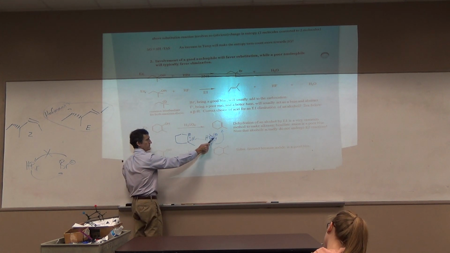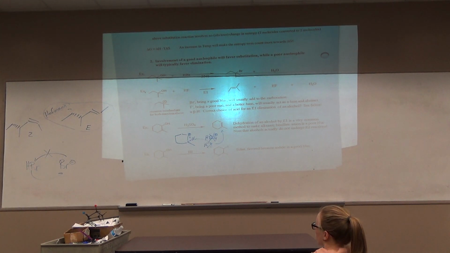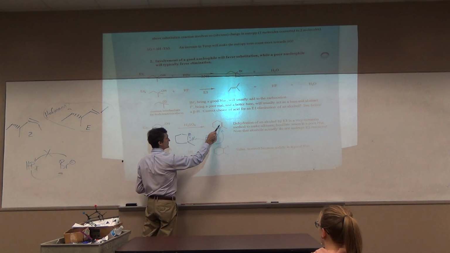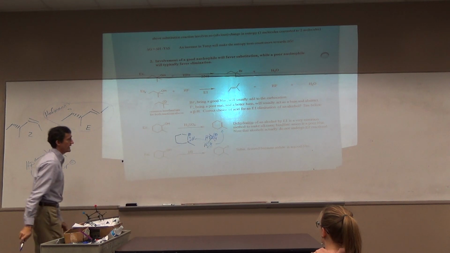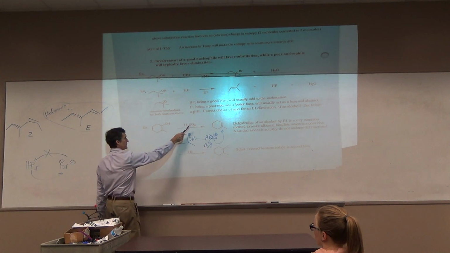And in the past, I've used probably the bisulfate anion to take the H. Common reaction. Overall, what have we done? We've removed water from the alcohol to make an alkene. Dehydration of an alcohol, very common reaction. Very common you use H2SO4 because there's no nucleophile.